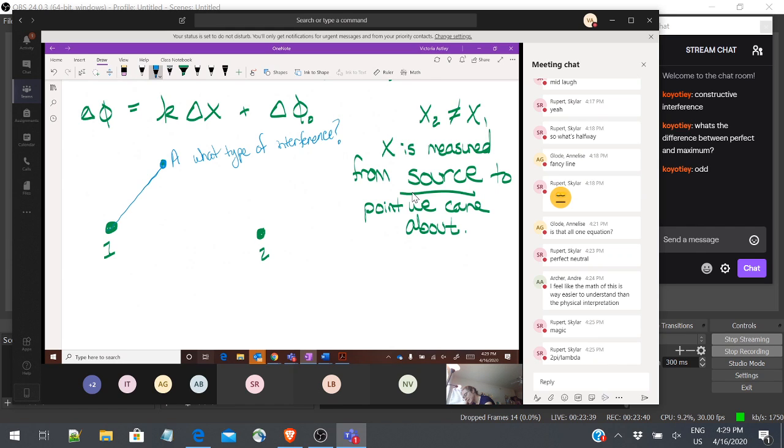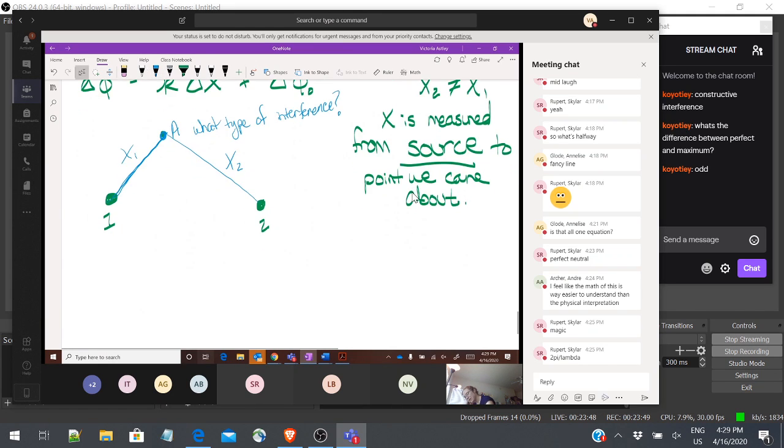X1 is this distance. X2 is this distance. So our delta x, x2 minus x1, is what is called the path length difference. It is how much further one wave had to go.